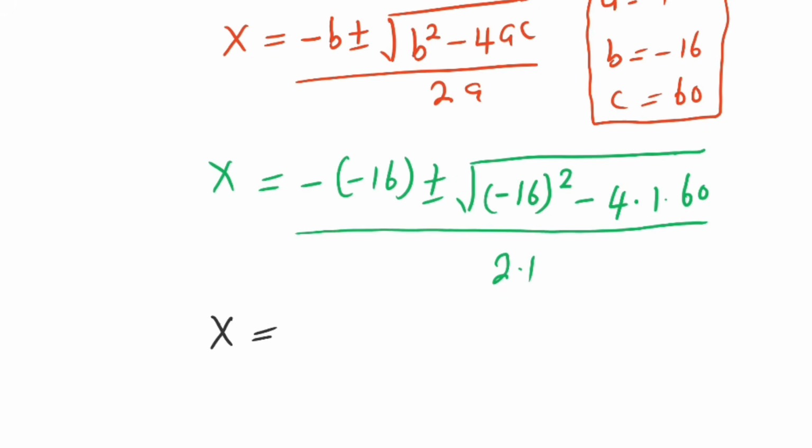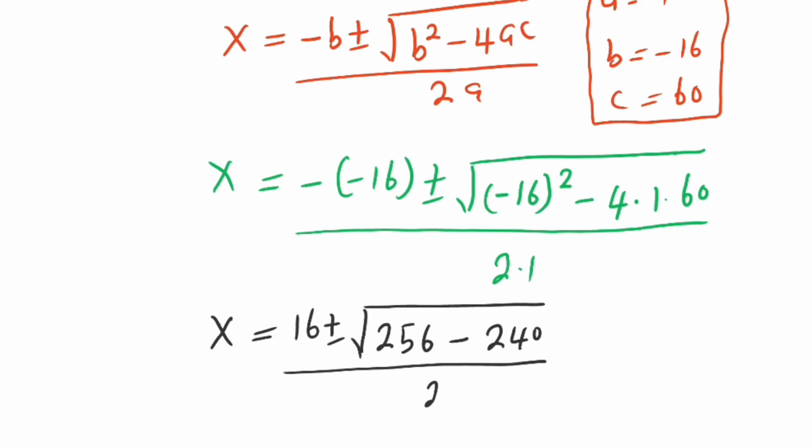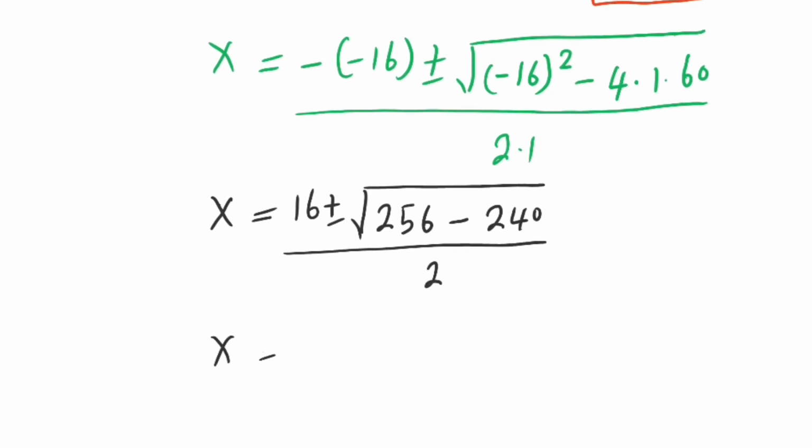x is equal to minus times minus 16, this is 16, plus or minus square root of minus 16 square, that is 256, minus 4 multiplied by 1 multiplied by 60, that is 240, over 2 multiplied by 1, 2. x is equal to 16 plus or minus square root of 256 minus 240, that is 16, over 2.